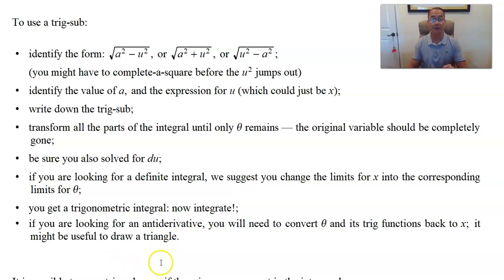In order to do that, it might be useful to draw a triangle. We know from trigonometry that sine is opposite over hypotenuse, tangent is opposite over adjacent, and so on. Once you solve for sine theta, you'll get a fraction. That fraction represents opposite over hypotenuse and so on. Label two sides of the triangle, and solve for the third side using, voila, the Pythagorean theorem.